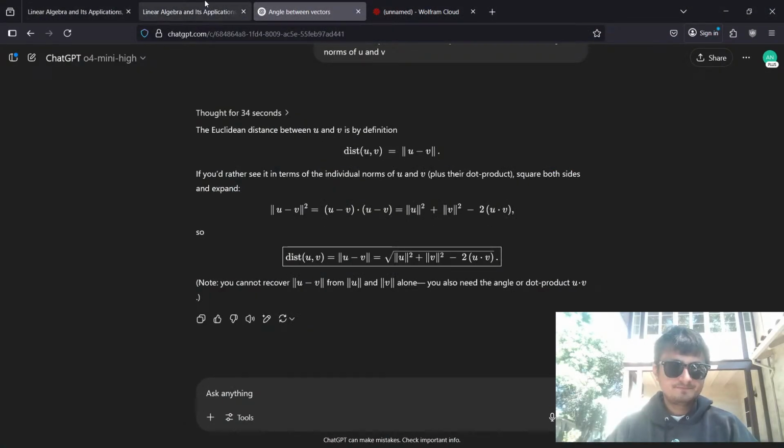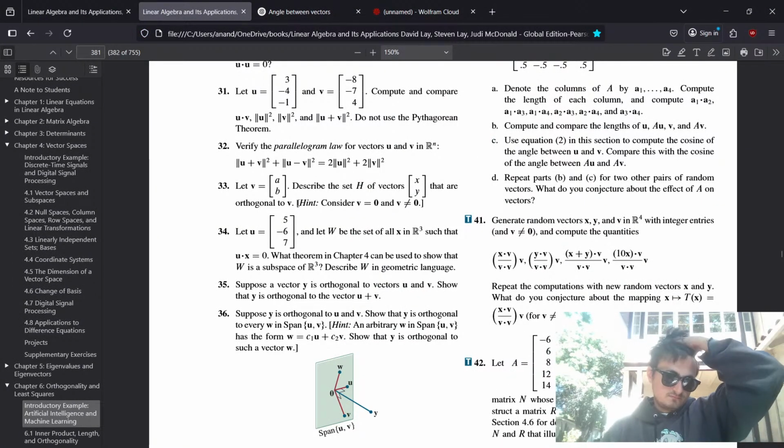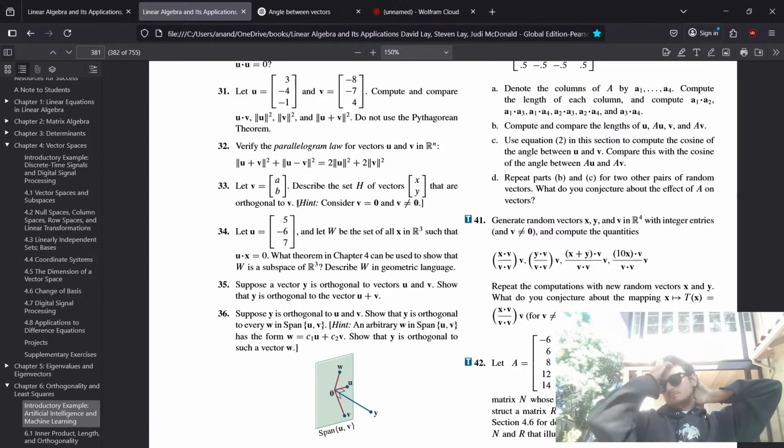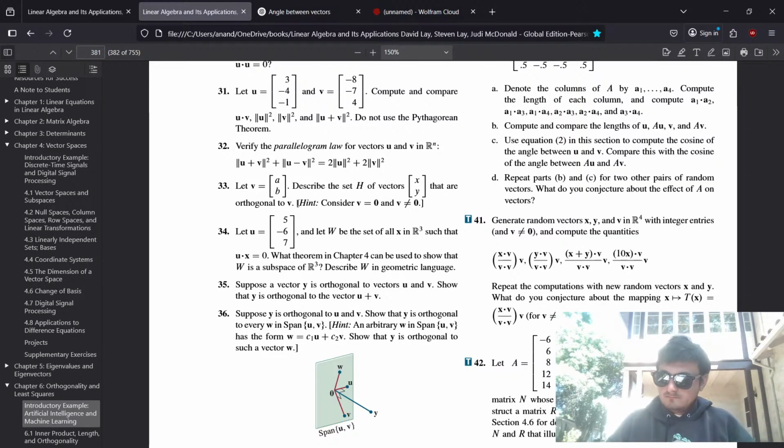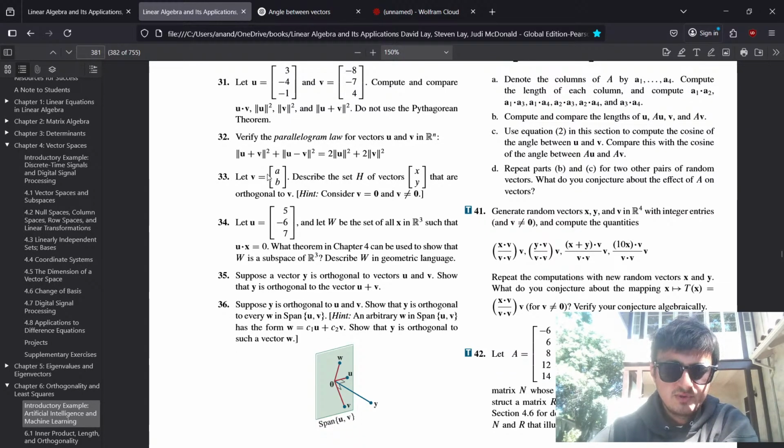Next problem. Okay, let V equal (A, B). Describe the set of vectors (x, y) that are orthogonal.